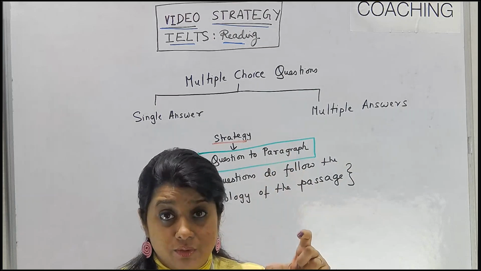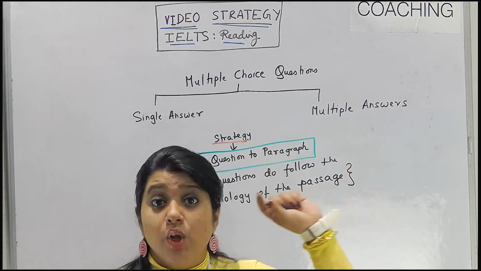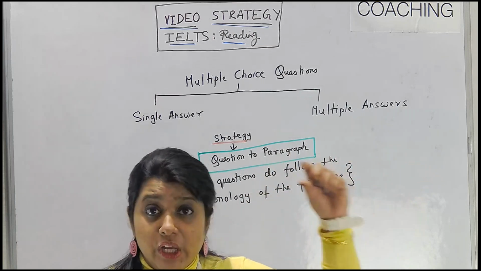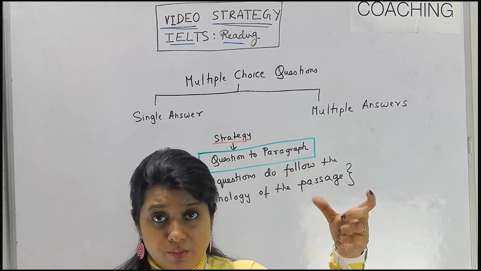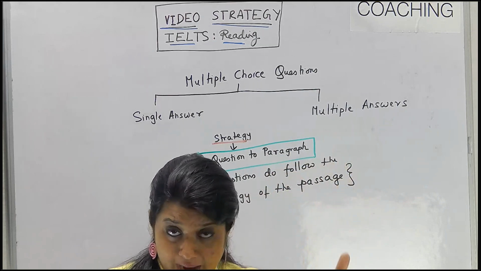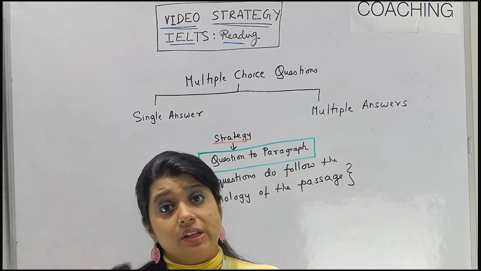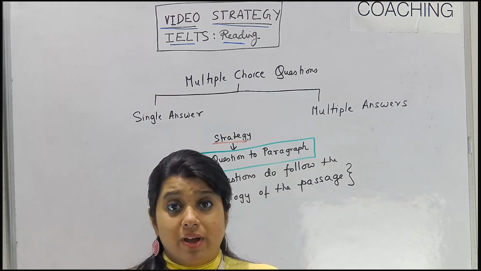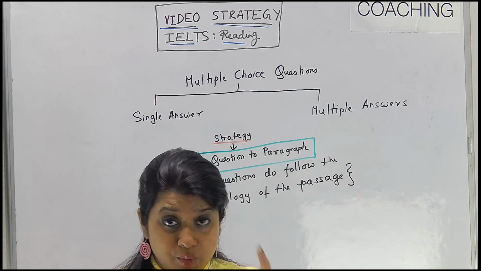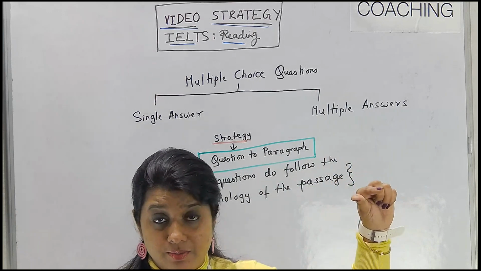You will take note of the keywords, go back to the passage, look for proof in the passage. You will come across a sentence having the same information stated. Then you will come back to the answer choices and pick the right answer based on the information provided in the passage. So you have a concrete proof in the passage.